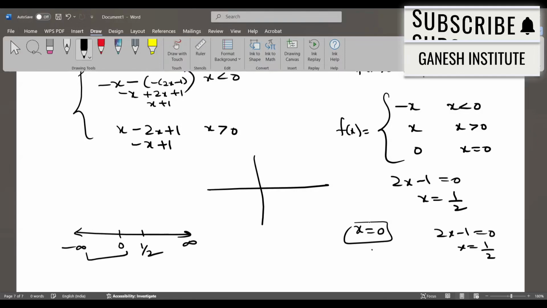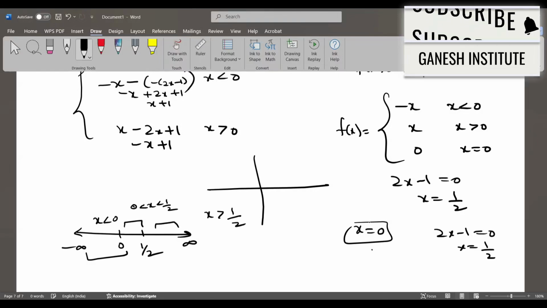So you have the interval less than 0, 0 to 1 by 2, and greater than 1 by 2, right? Because these are equal, you will be having equality also. This is fine.